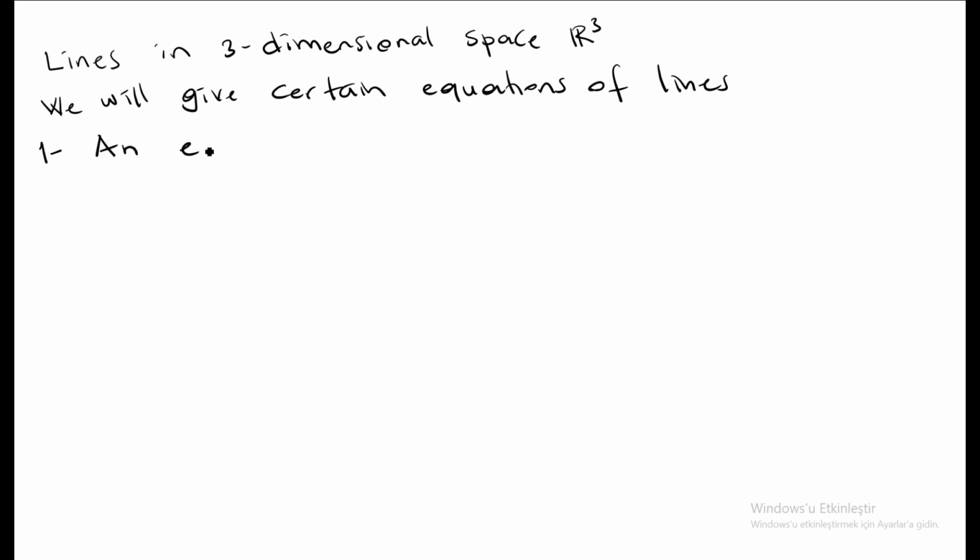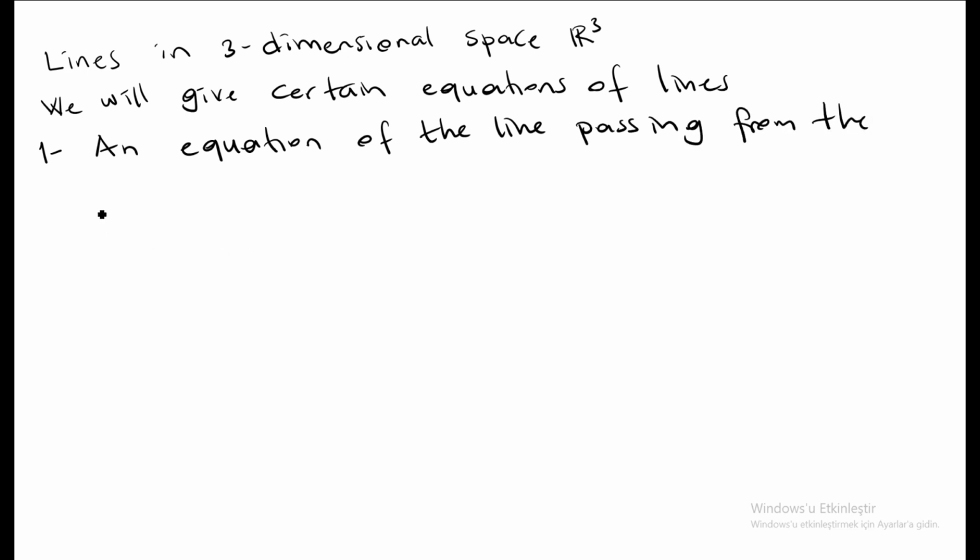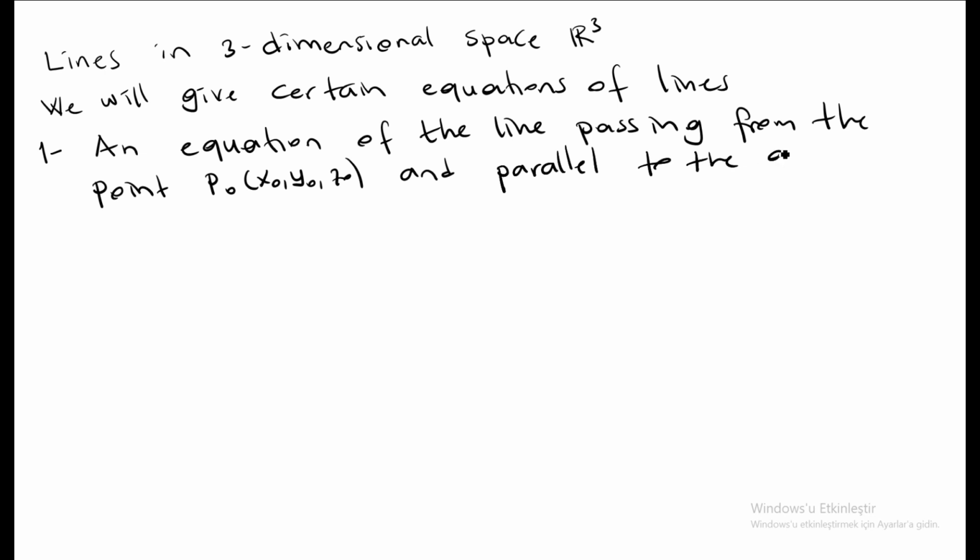an equation of the line passing from the point, let's say P sub 0, X sub 0, Y sub 0, Z sub 0, and parallel to the given vector, let's say D, P, Q, and R. So what is the equation of this line?